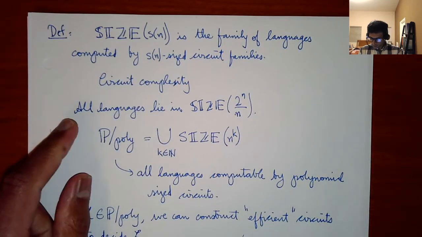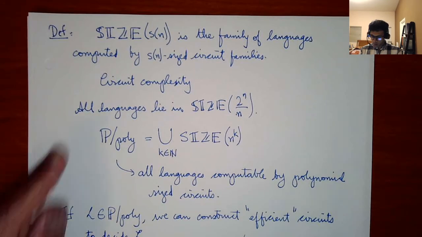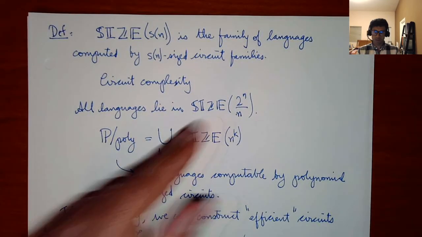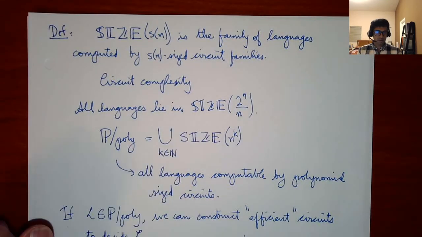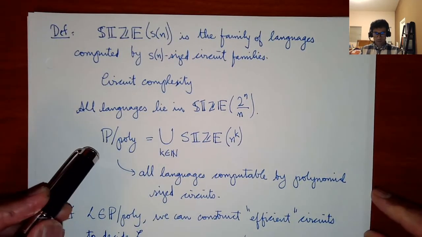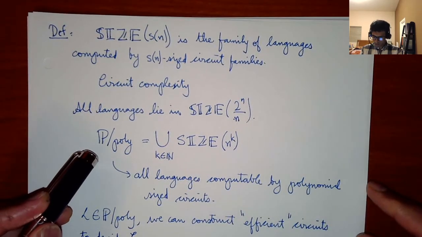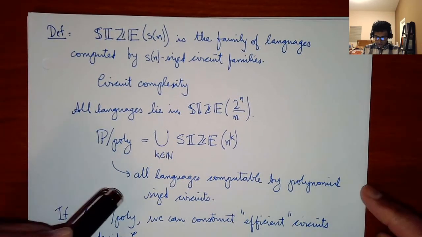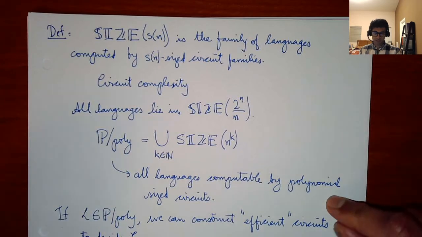And Shannon's theorem says that all languages lie in size 2 to the n divided by n. Which is nice, that we can actually capture, in this case really an optimal bound for the circuit size complexity of any function. And then we define P slash poly to be all languages computable by polynomial sized circuits.